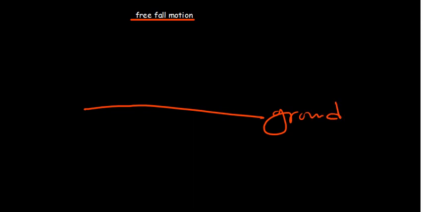So let's say this is the ground, and you have a ball. You throw it up, it reaches a certain height, and comes back. What makes that object start coming down, or what makes it reach that maximum height? Before I explain that, we first need to understand something.